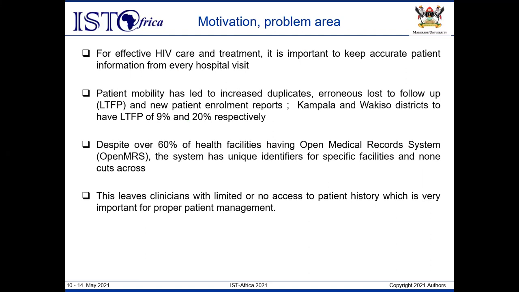You find a patient who has been obtaining care and treatment from health facility A is sent to health facility B, and the clinician at health facility B does not have access to the patient history at health facility A.